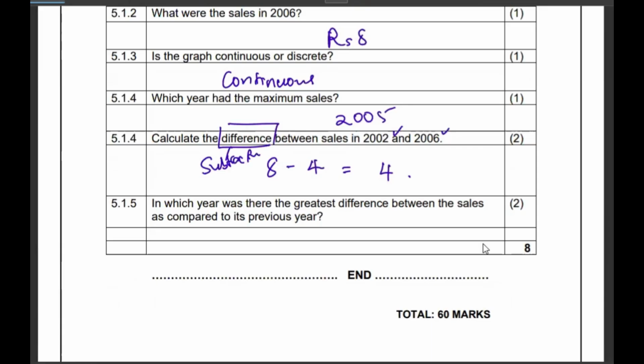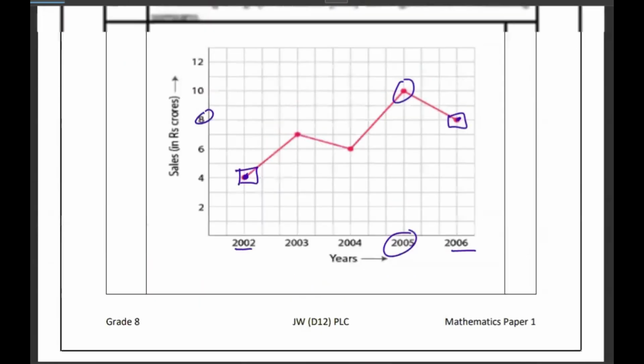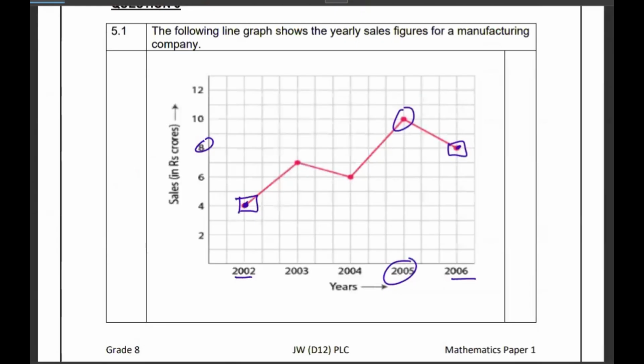And then lastly, 5.1.5, in which year was the greatest difference between the sales as compared to the previous year? So we need to see that from here up to here, if this is a 7 and this is a 4, there's a difference of 3. If this is a 7 and this is a 6, there's a difference of 1. If this is a 6 and this is a 10, there's a difference of 4.